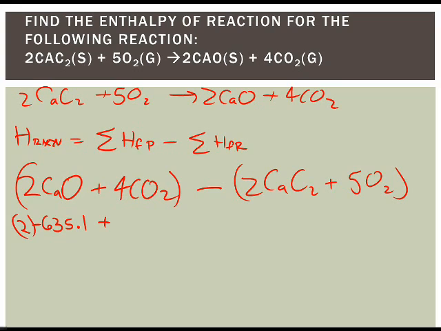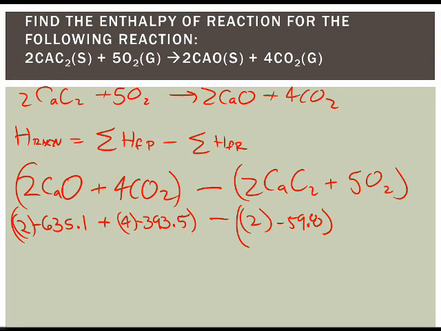And the heat of formation for carbon dioxide is minus 393.5. And again, we're going to have to multiply that by 4. We subtract 2 times the heat of formation for calcium carbide, which is minus 59.8. Oxygen does not have a heat of formation. Since oxygen is diatomic, diatomic molecules do not have heats of formation, as do single elements. So if it's a single element or diatomic, you will not have a heat of formation. It will be 0.